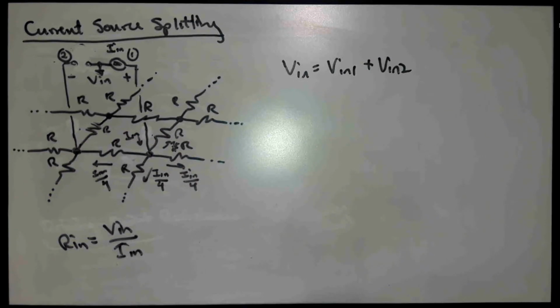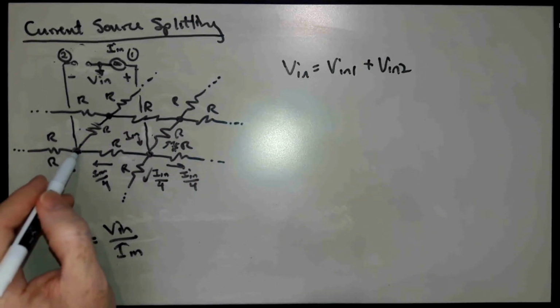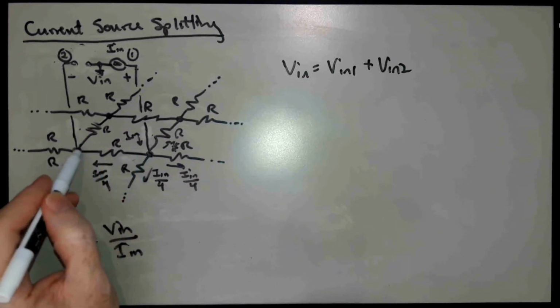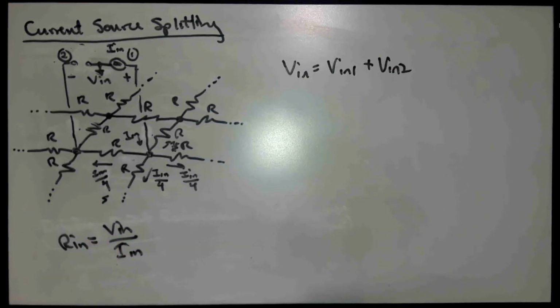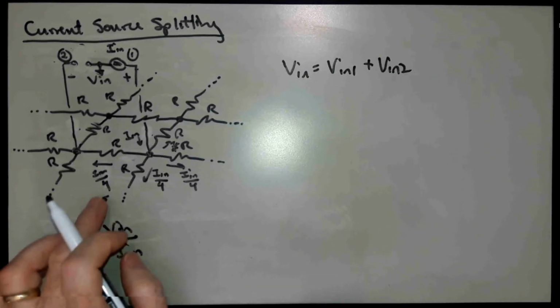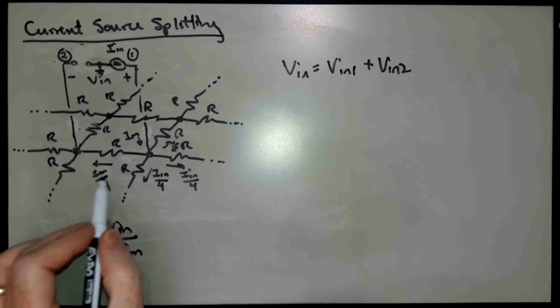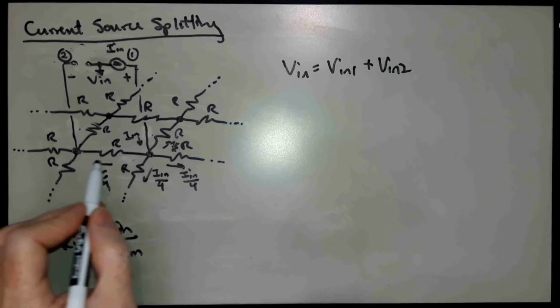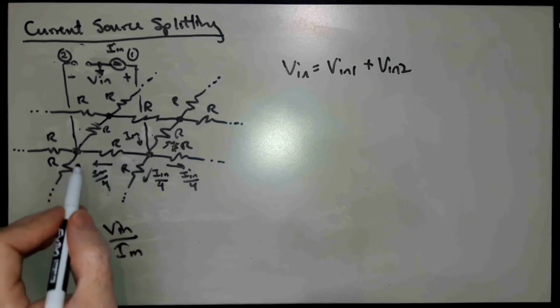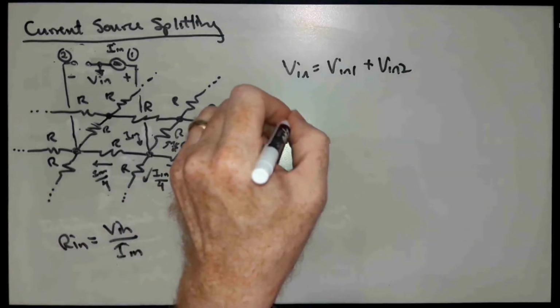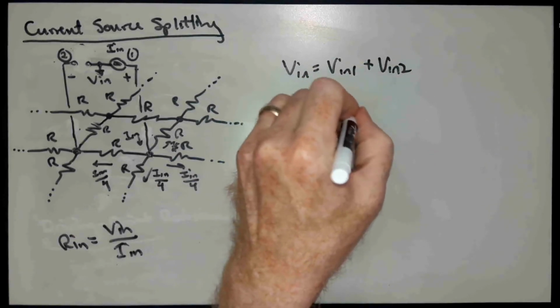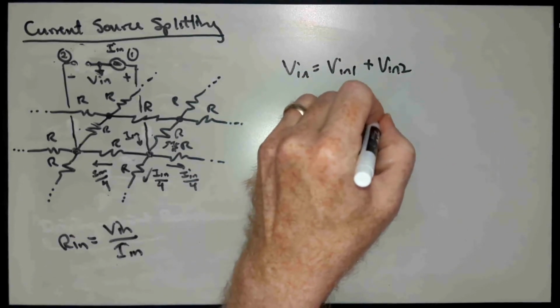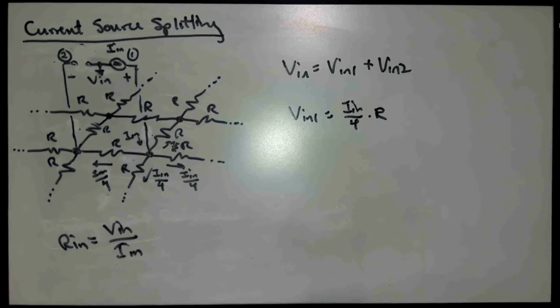Now, in particular, the voltage we want to know is this voltage across this resistor in the middle, and we know the current flowing through it. So we can calculate Vn simply by Ohm's law, knowing that the current split into 4 equal pieces, and that one of those pieces is across this resistor. We can say that Vn1 is equal to In over 4 times R. And that's it.